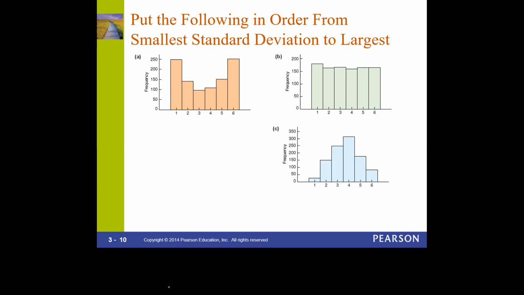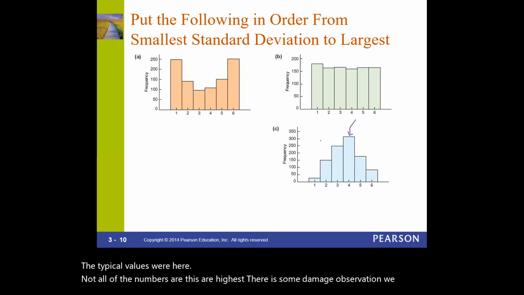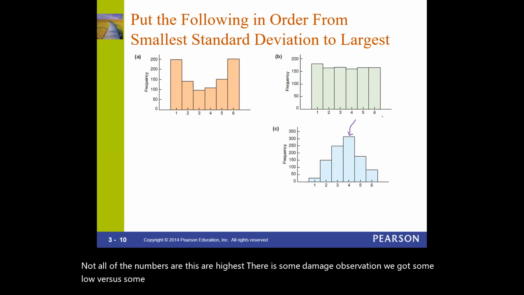Nobody sees anything? Okay, that's okay. So let's look over here. Look at C. The typical value is right here. Not all of the numbers are high, there are not that many high observations. We have some low observations on the left side and some low observations on the right side.